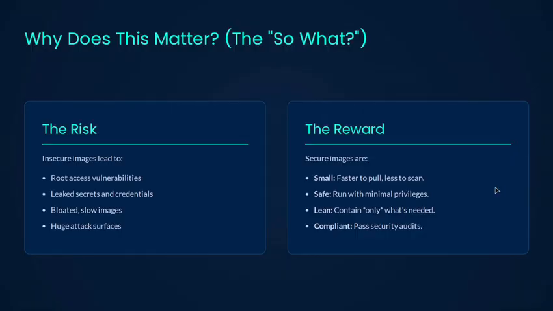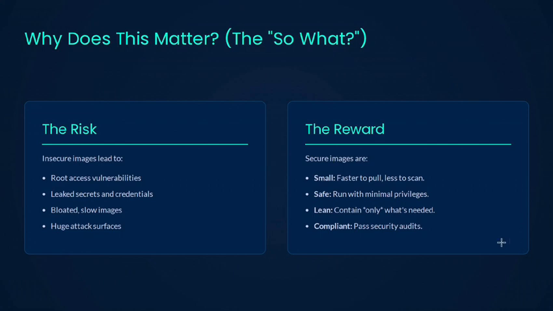So why does this matter so much? On your left, you see the risks. An insecure image can lead to root vulnerabilities, which are critical. You can accidentally leak API keys or database credentials, and they are often bloated and slow, which clogs your CI/CD pipelines.